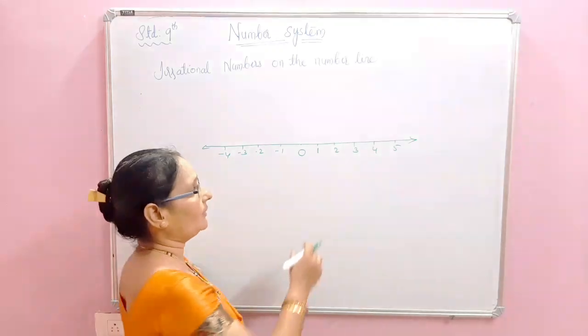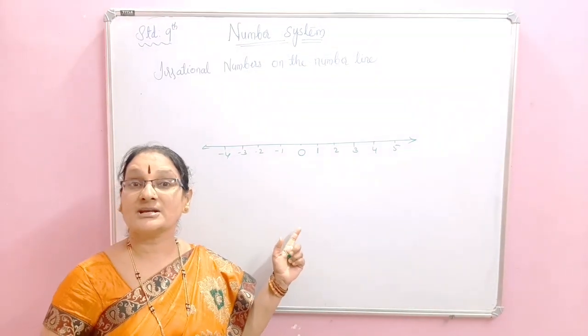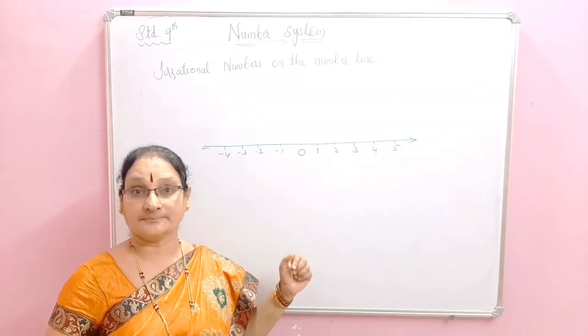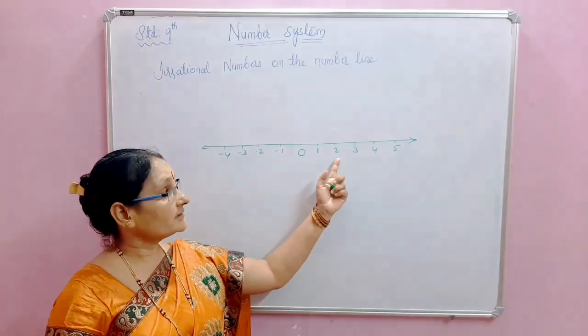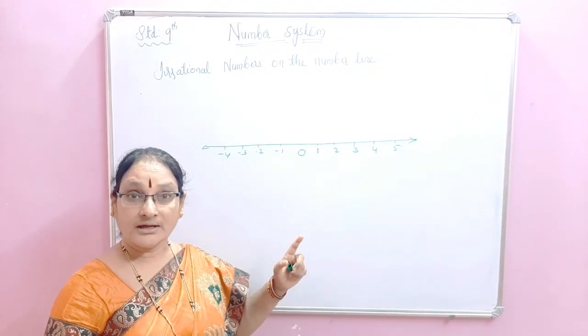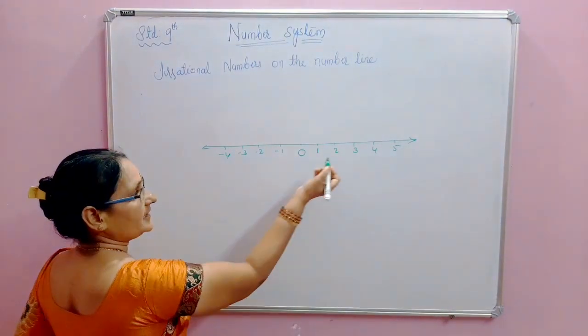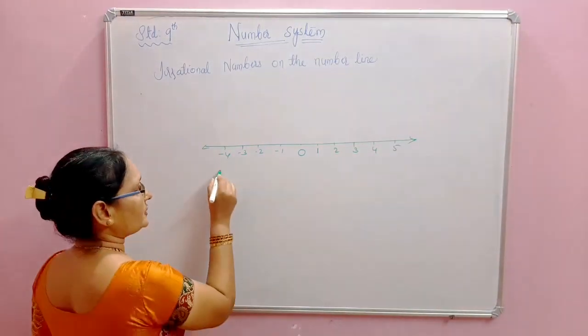In the same way, in between these two there are a number of rational numbers. We know how to find, for example, 5 rational numbers in between 2 and 3. Rational numbers are maybe in the form p by q.